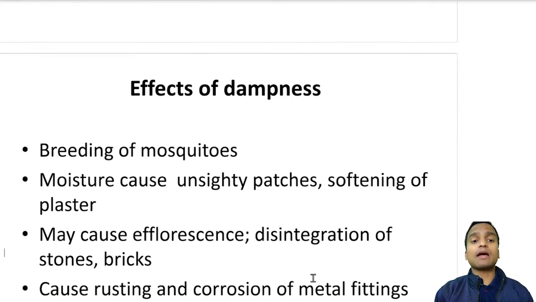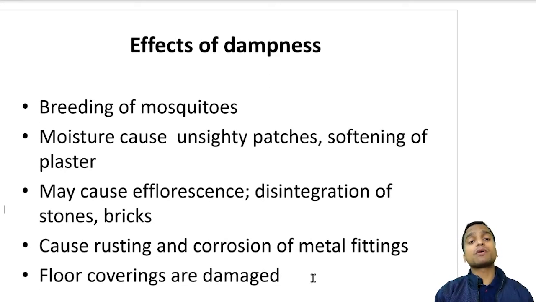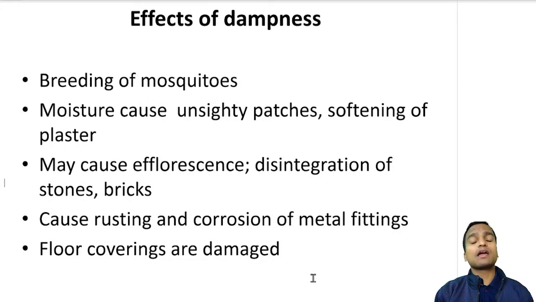The effects of dampness are many, starting from the breeding of mosquitoes. Moisture also causes unsightly patches, development of molds in the corners, green and white molds, and softening of plaster.